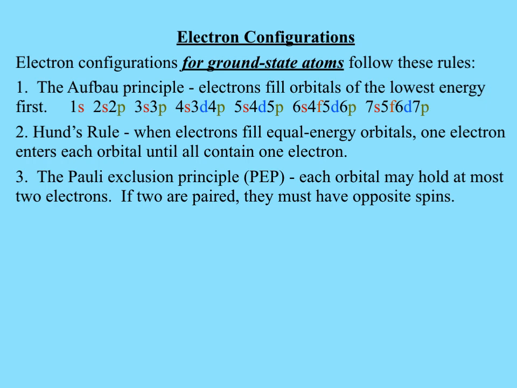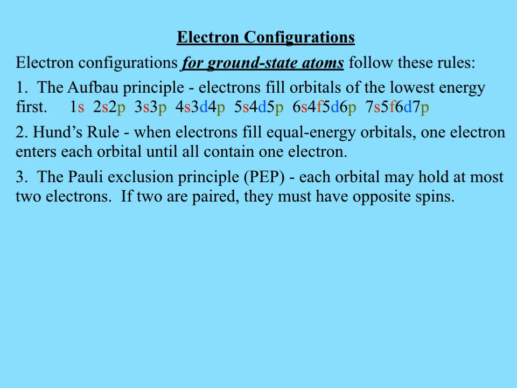So when you're trying to fill those equal energy orbitals, the electron is always going to enter each orbital one at a time. Since the p has 3 orbitals, the first 3 electrons are going to fill that first orbital, then the second orbital, then the third. You can't put them together until they all have one electron, keeping them as far apart as possible.